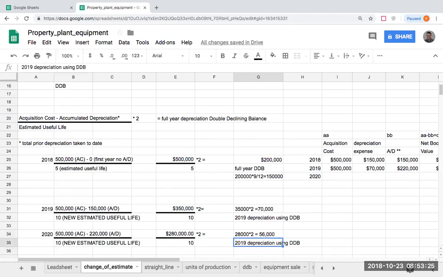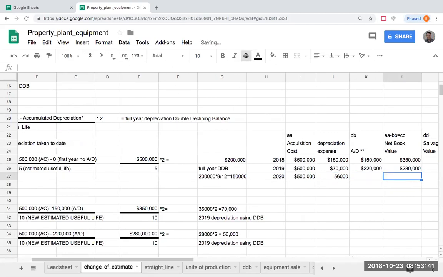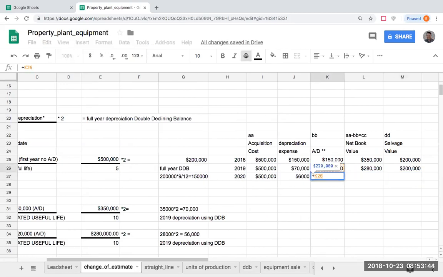So I'm using the new information from this point going forward. And here I've got my acquisition cost, 500,000. The depreciation expense I took in 2020 was 56,000. So my accumulated depreciation is 220 plus 56. And I forgot to update this from my last problem. I apologize.